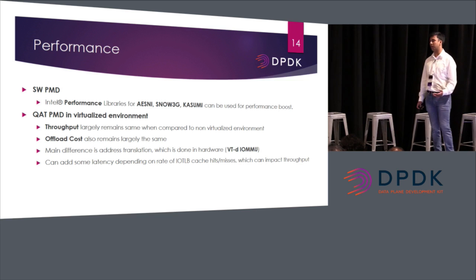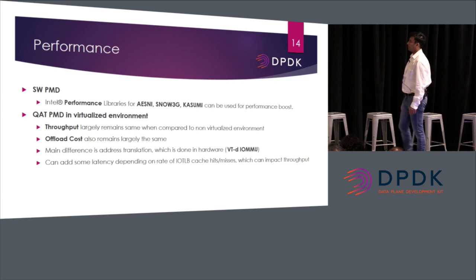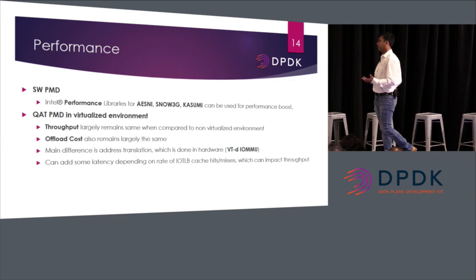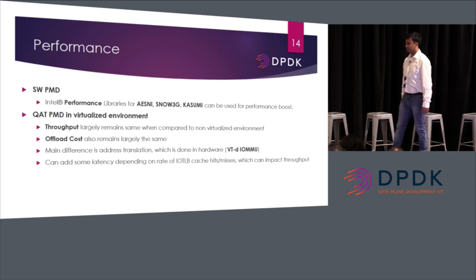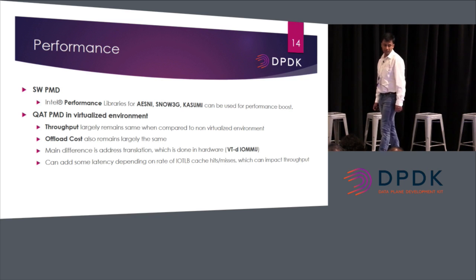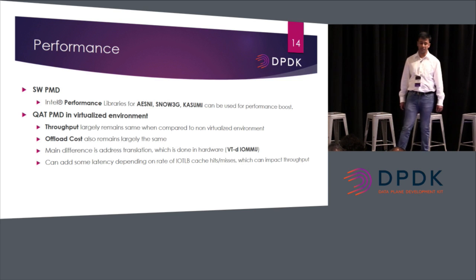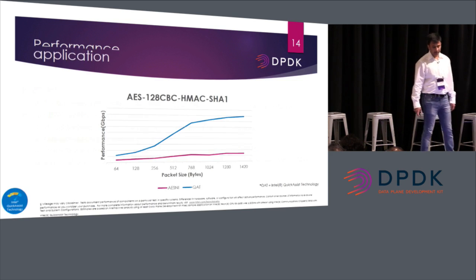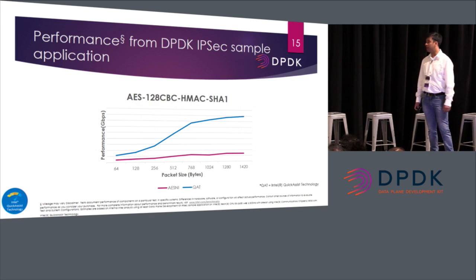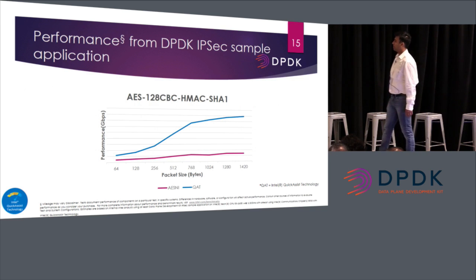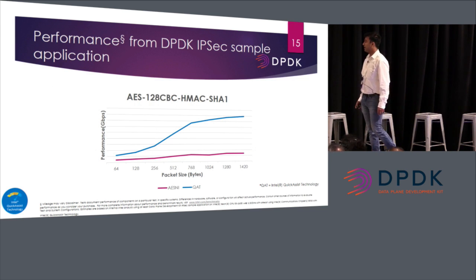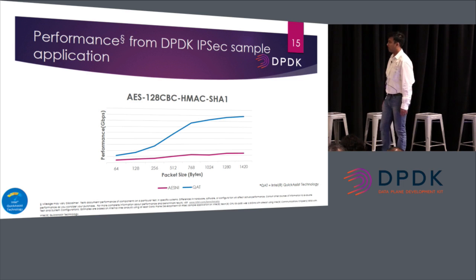So these are mainly the performance factors. Of course, when we send the new patches for the performance optimizations, we'll always have a use case that it works absolutely fine on the virtualized environment, taking care of the NFV use cases. The next graph shows relative performance between a software PMD, which is the AES-NI multi-buffer library, and Quick Assist technology.